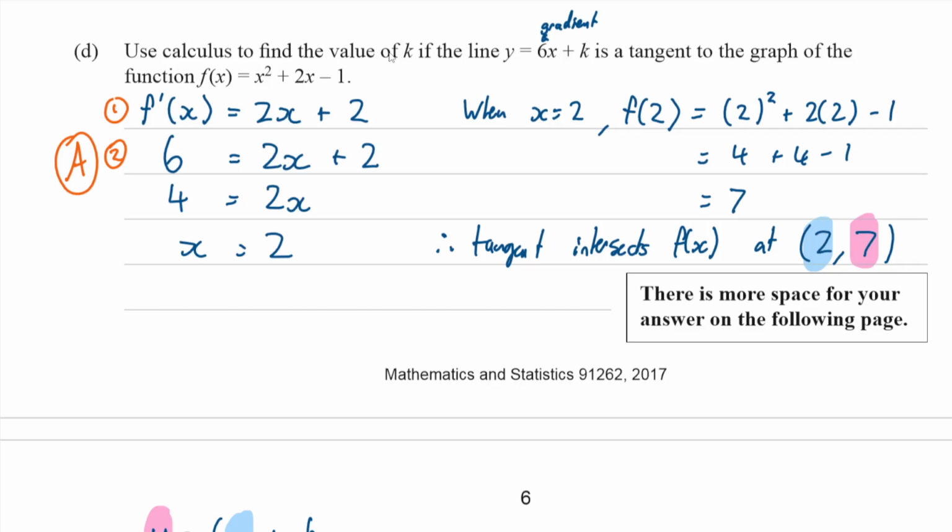So we then found the x value, where our function f of x has a gradient of 6. We then used that x value to find the y value of that point, right? And we then concluded that the tangent must intersect at that point, because that's the point on our graph where the gradient is 6.